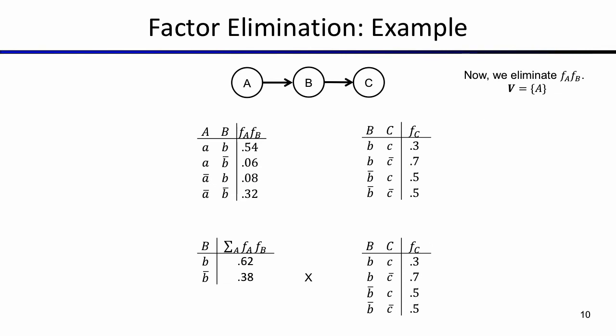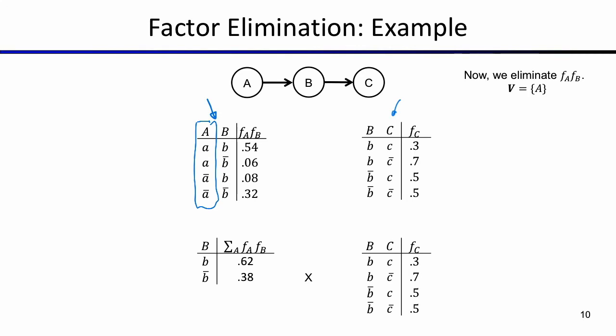Okay, so we have these two remaining factors, and I'm going to eliminate this factor here. This factor mentions two variables, A and B, and A only occurs in this factor. It does not occur here, so it's exclusive to this factor. That's great. So this is the time that I'm going to eliminate this factor, and remember that the elimination of a factor is a two-step process.